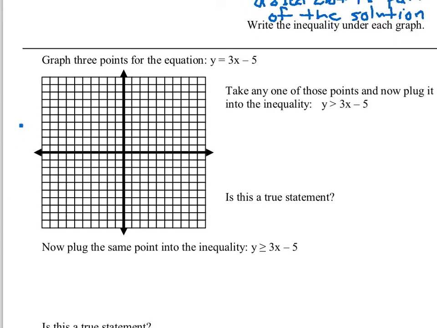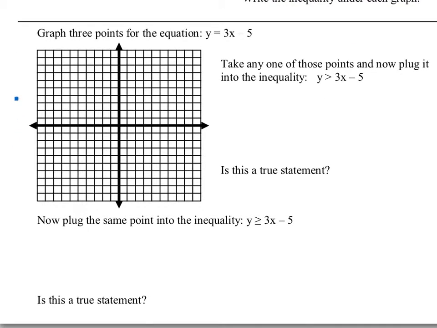All right. Let's look down at the next thing. We're going to keep those ideas in mind here in a second. What I want you to do is take the equation y equals 3x minus 5. I want you to graph 3 points of that equation. Once you are done graphing the 3 points, I want you to take 2 of those points and plug them into this inequality.